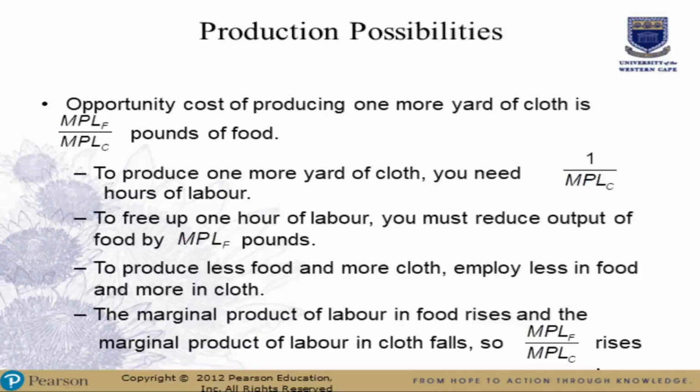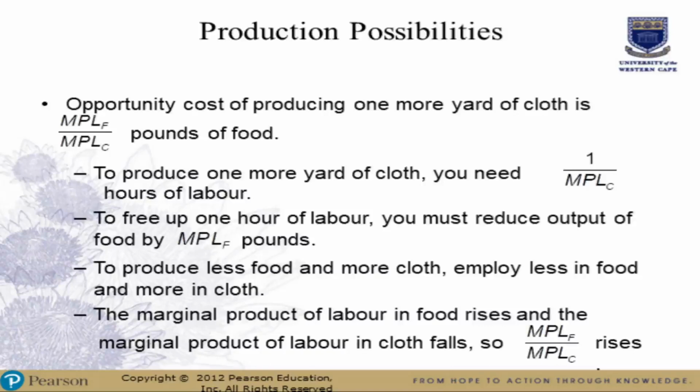Thus, the marginal product of labor in food rises whilst the marginal product of labor in cloth falls. So the slope of the production possibilities curve, or the PPF, rises. Therefore, as more and more labor is moved towards the cloth industry, the additional unit of labor becomes less valuable in the cloth sector and more valuable in the food sector.